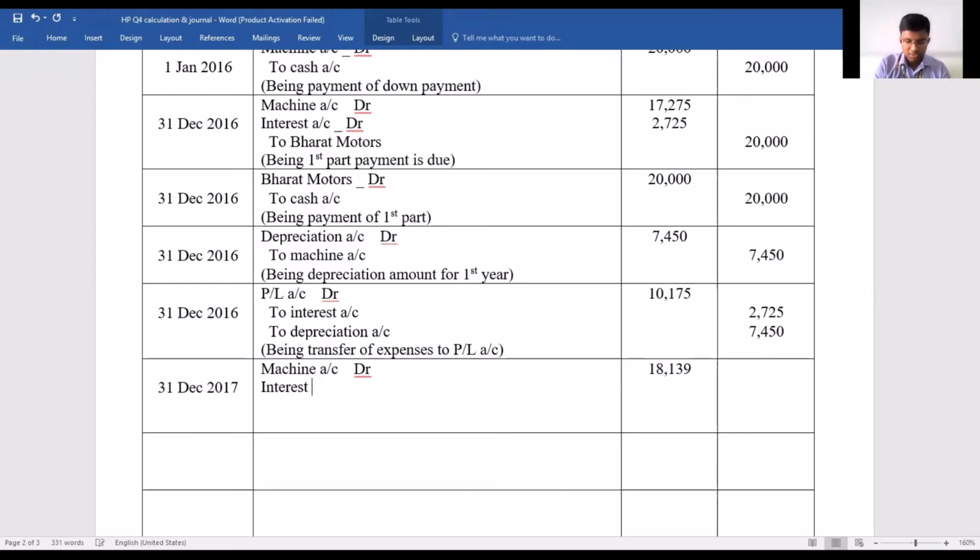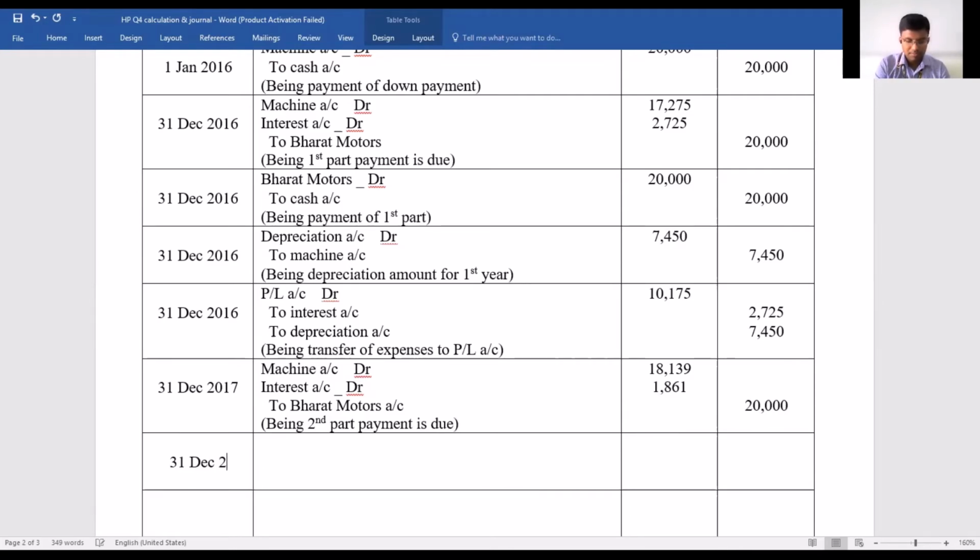Then interest account debited, here it is 1,861. To vendor Bharat Motors account, amount is 20,000, being second part payment is due. So we have completed this.